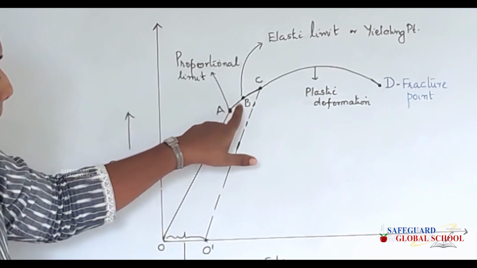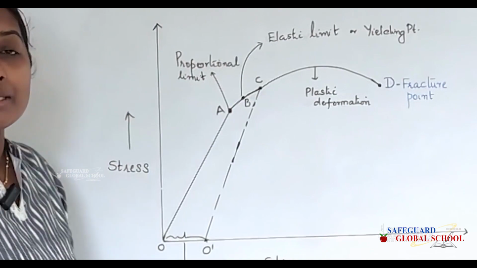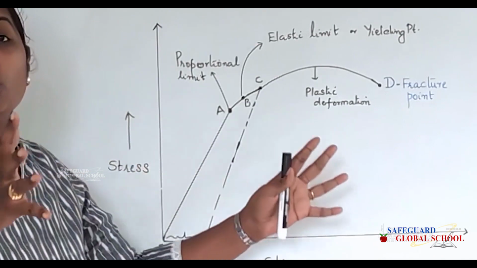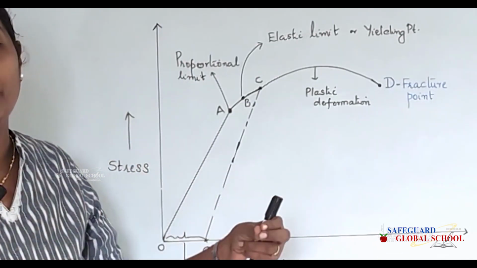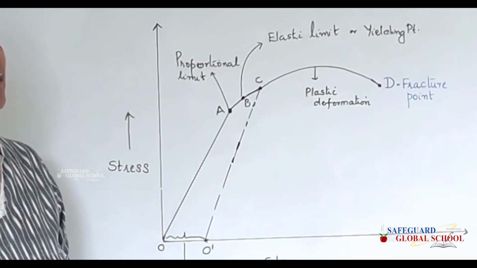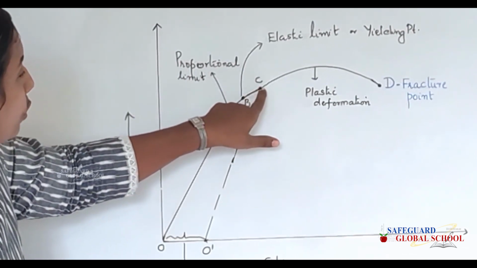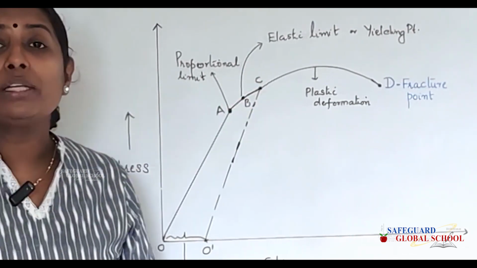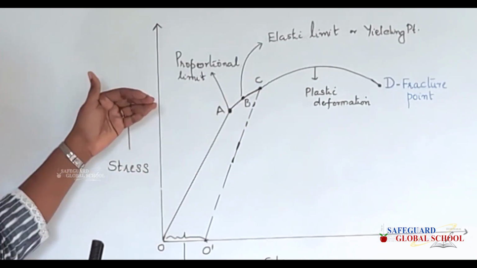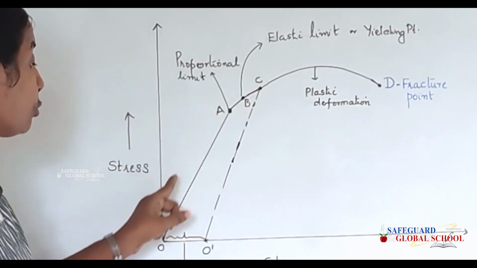Look at the region between B and C. When we increase the stress further, for a very small increase in stress, the strain is huge and the material gets deformed in such a way that it cannot regain its original size. So listen, here, moving from B to C. At C, while we try to unload this material, or we reduce the stress to zero, we expect that it will come back to its original position.